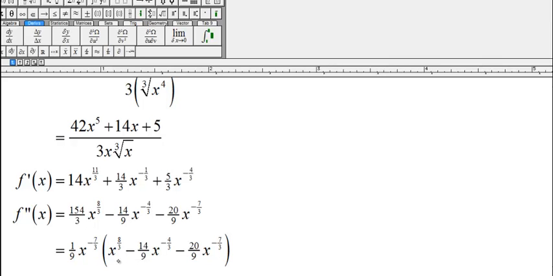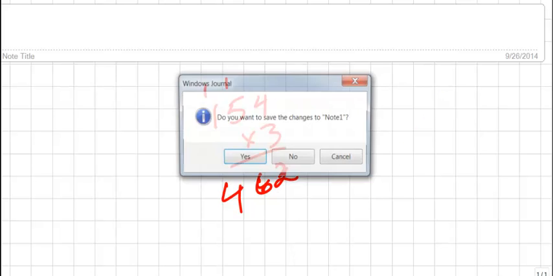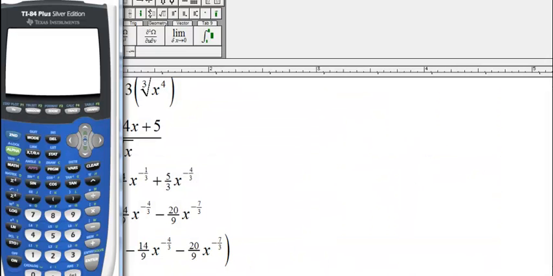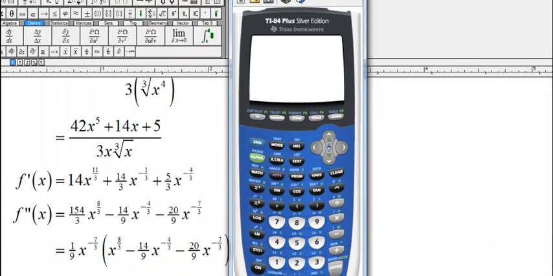Some scratch paper here. 154 times 3, 12, 16, 462. That's sloppy writing, isn't it? 462. Or I could have just done it on a calculator, I guess. 154 times 3, 462.